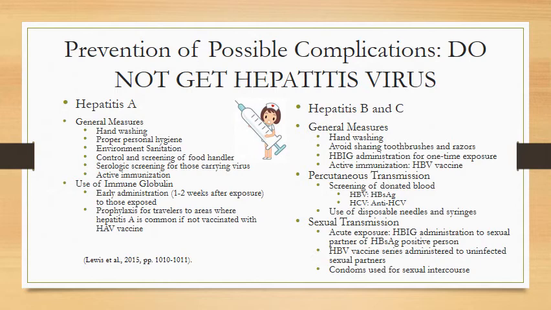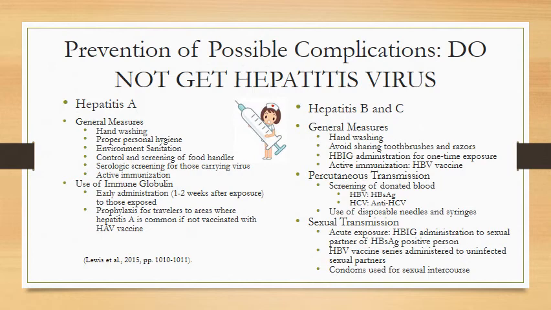Use of immune globulin measures include early administration to those who have been exposed within 1 to 2 weeks after exposure, and prophylaxis for travelers to areas where hepatitis A is common if not vaccinated with the hepatitis A virus vaccine.